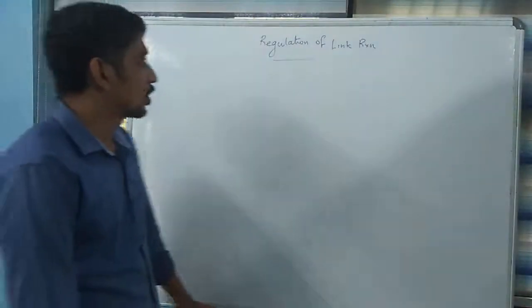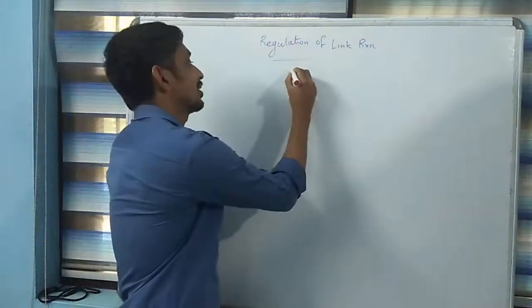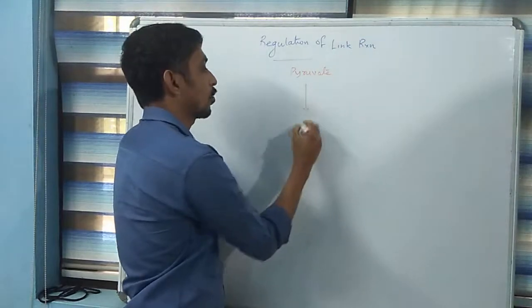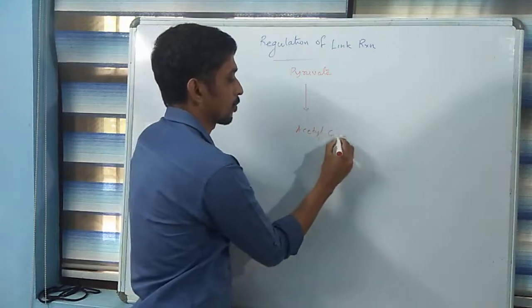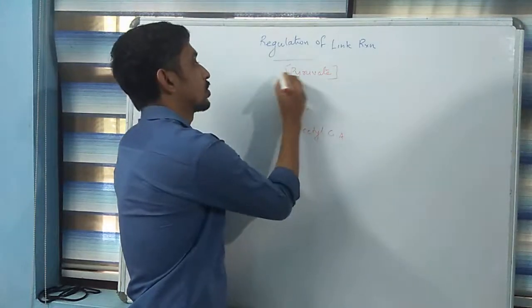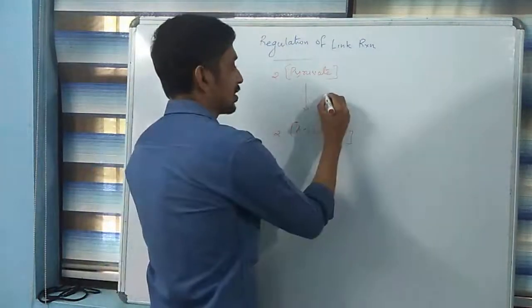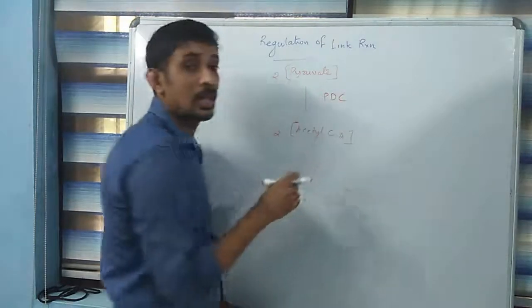Next, we are moving into the regulation of the Link reaction. You know what the Link reaction is: 2 molecules of pyruvate are converted into 2 molecules of acetyl coenzyme A. This reaction is catalyzed by the enzyme pyruvate dehydrogenase complex.